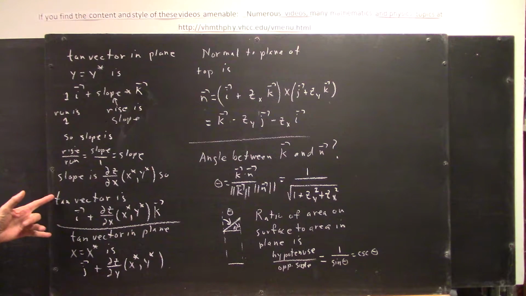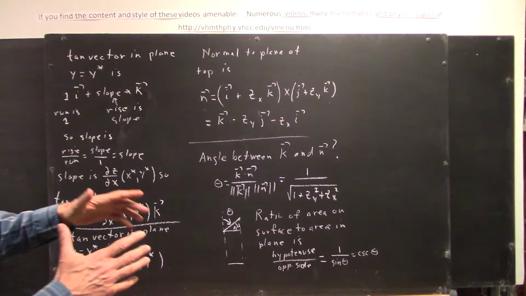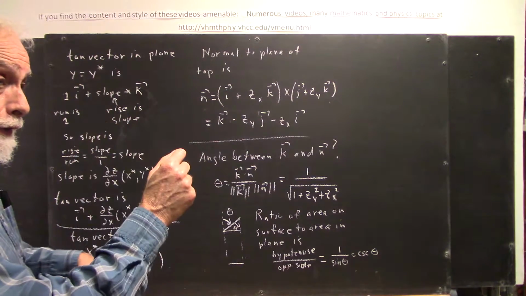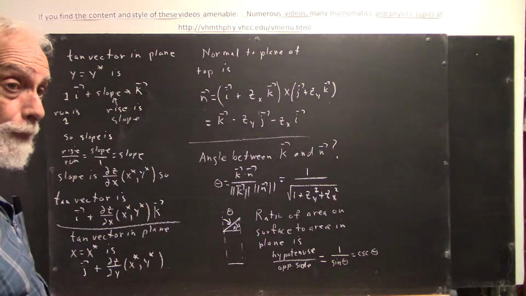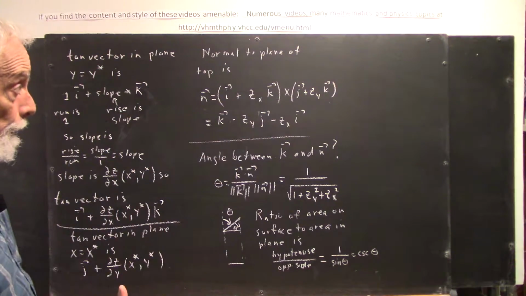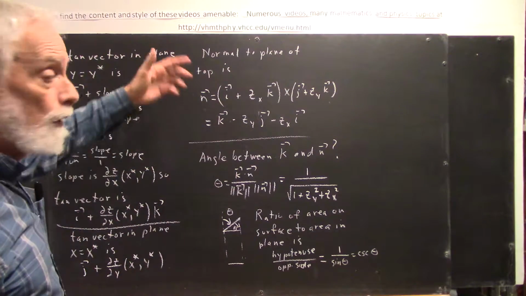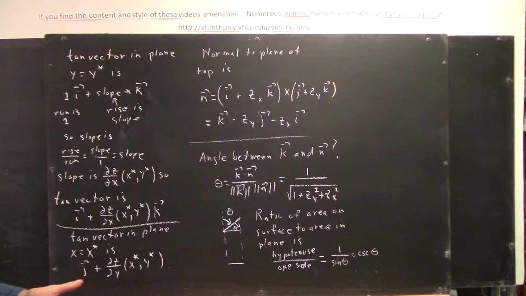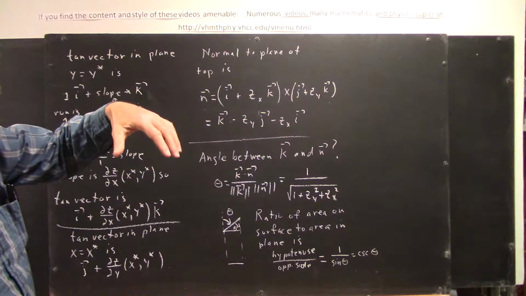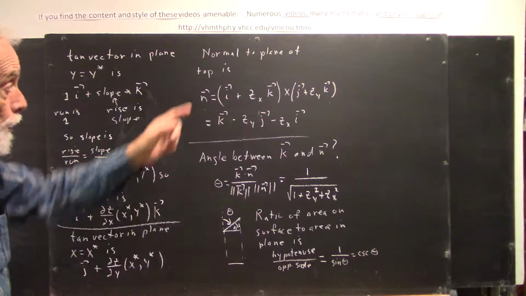Now we have two tangent vectors in different directions, vectors tangent to the point on the surface of the sphere that lies directly above the point x star, y star. What's the orientation of the sphere at that point? Well, what's a normal vector?